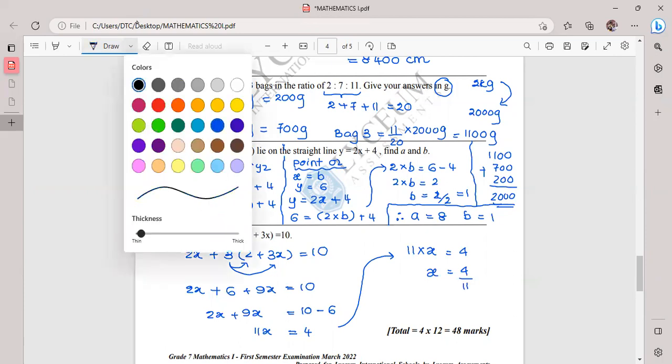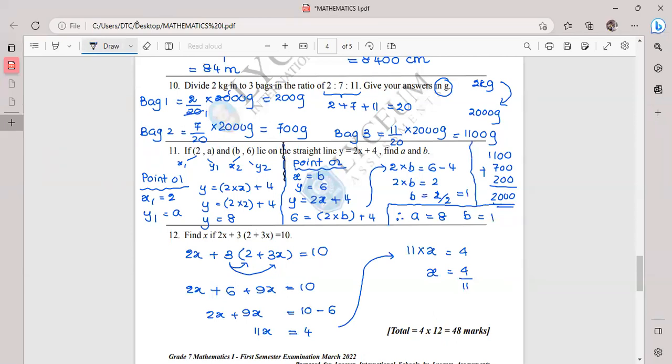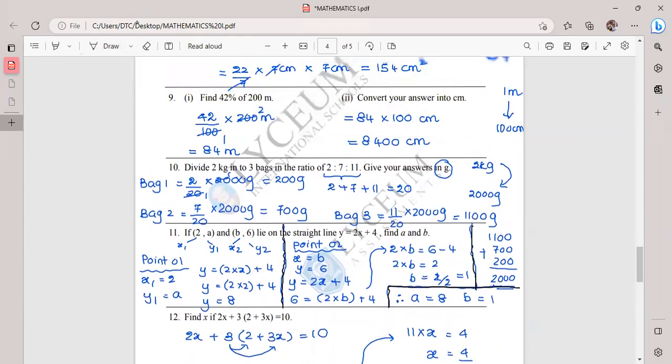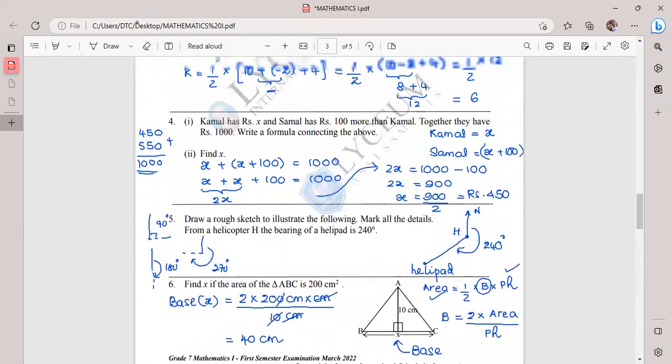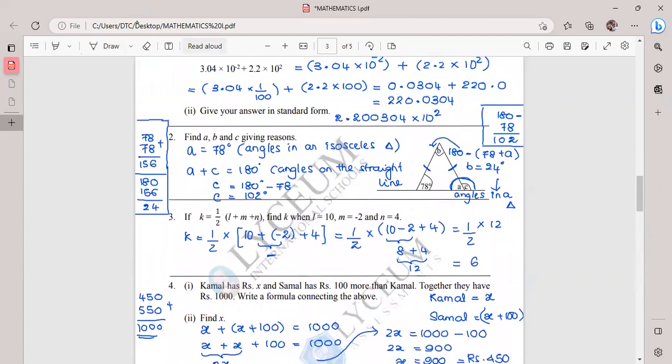Right? Okay, children. So as I said, you can segregate the things like this. So then it is clear. You see, that is the end of part B, right here, that you can show them with the black color like this.